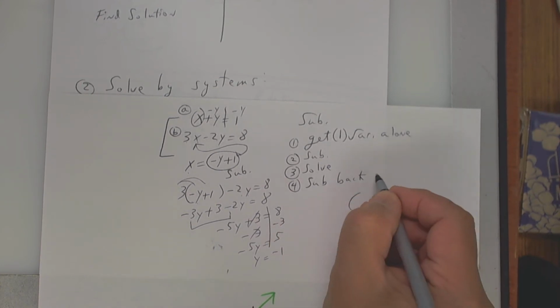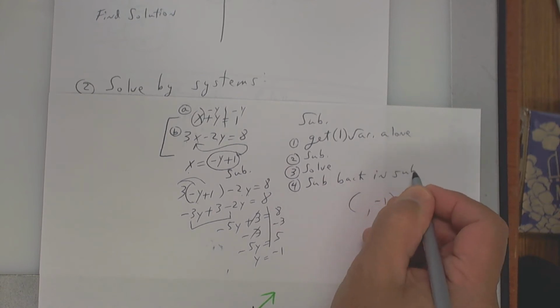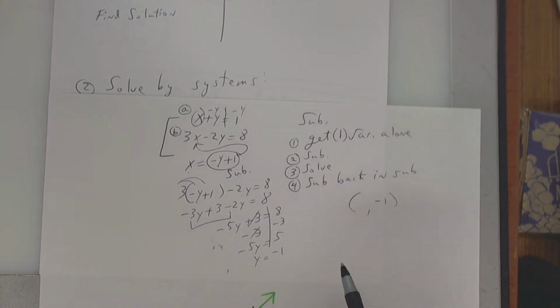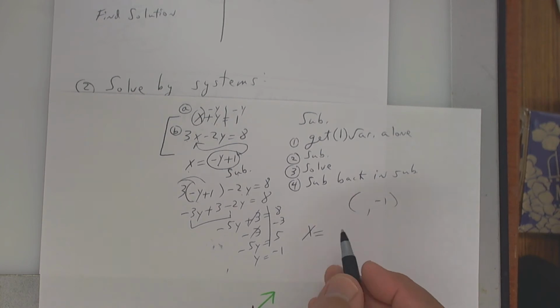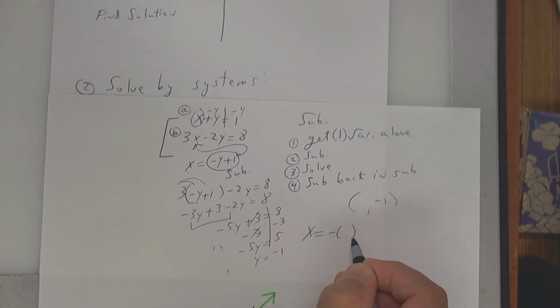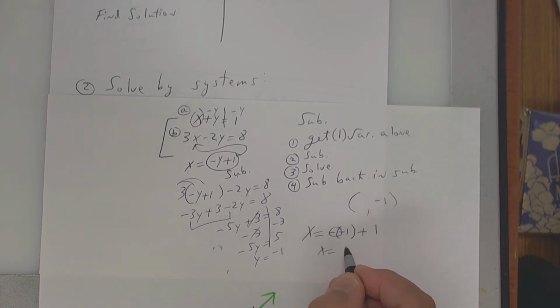Back into sub. And there's my sub right there. So I'm going to get x equals negative y plus 1. Well, y is a negative, so that's a double negative, so that becomes a plus. So I get x equals 1 plus 1, which equals 2.